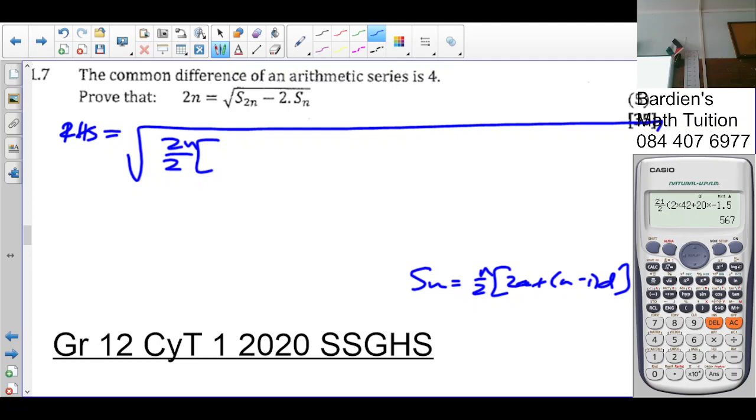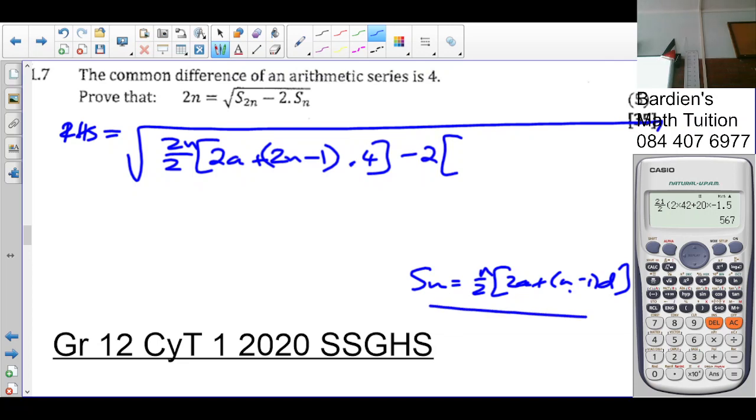Do we have a? No. So it's 2a plus, what is n now? 2n minus 1 times d, which is 4. So that is S2n, minus 2 times Sn. Now Sn is exactly this here. So it's going to be n over 2 into 2a plus n minus 1 times d, which is 4. So that's closed and this is closed.